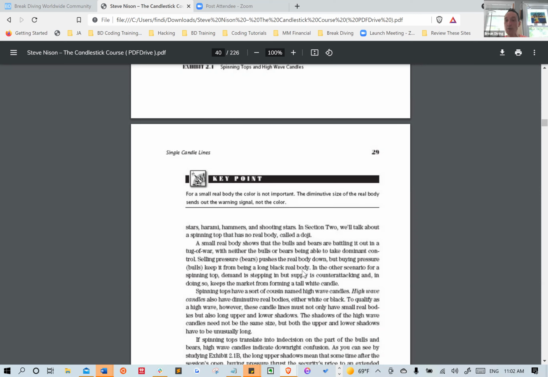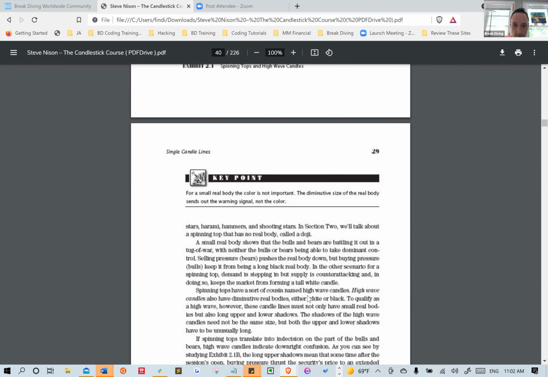If volume is high, there are lots of people buying and lots of people selling at the same time, so it's keeping the price where it is. In the other scenario for a spinning top, demand is stepping in, but supply is counterattacking, and in doing so, it keeps the market from forming a tall white candle.